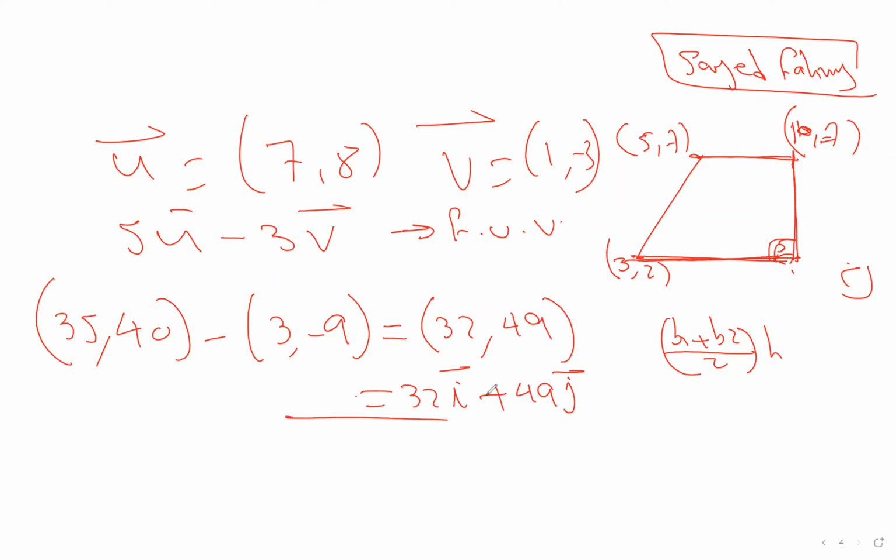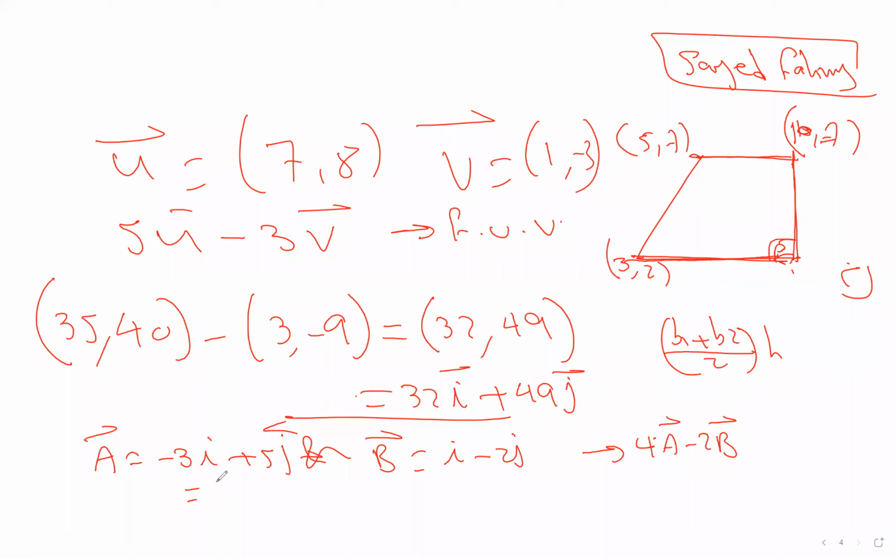And if the vector is given in terms of fundamental unit vectors, for example A equals negative 3I plus 5J and B equals I minus 2J, and you need to find 4A minus 2B. 4 times negative 3 is negative 12I plus 20J, minus 2I plus 4J, which will be negative 12 minus 2, negative 14I plus 24J.